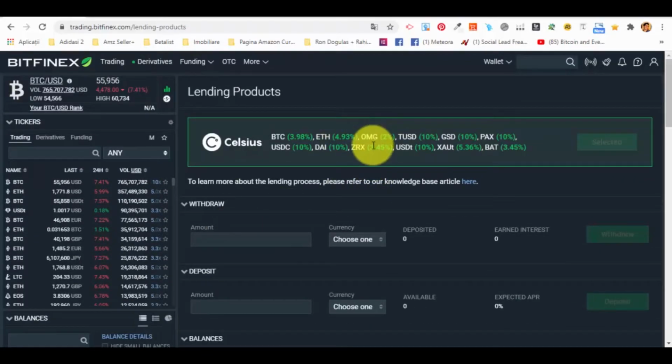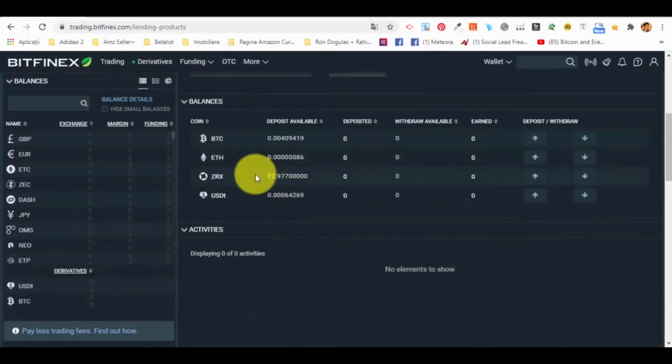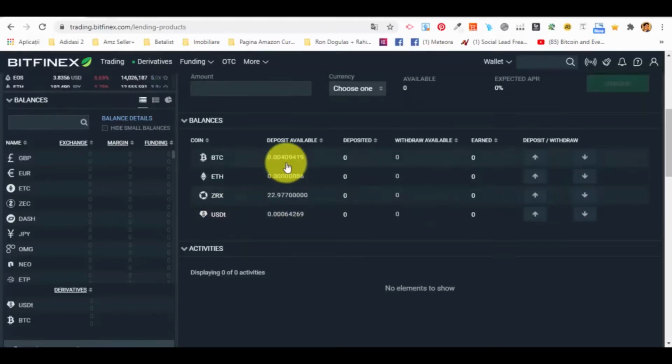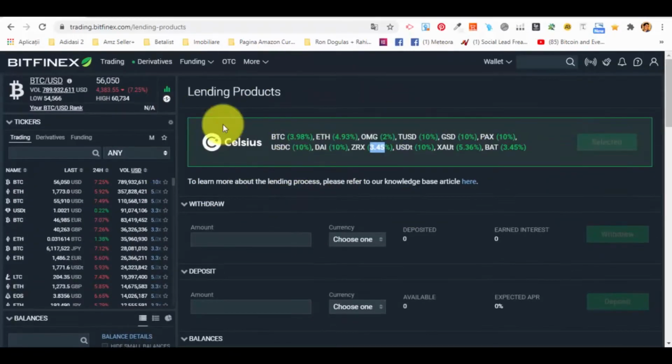If we check, ZRX has 3.45% per year return. So if we put this 22.97, if we deposit them in the lending account, at the end of 12 months, we are going to get back this amount plus another around 4 ZRXs. So it's a decent percentage.